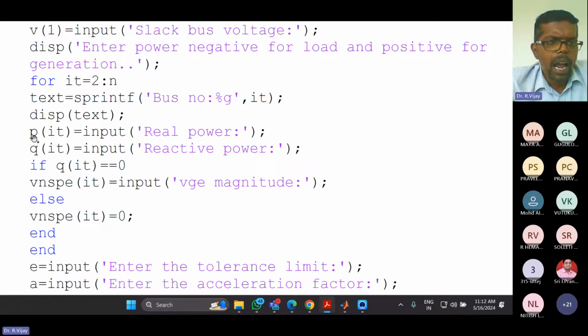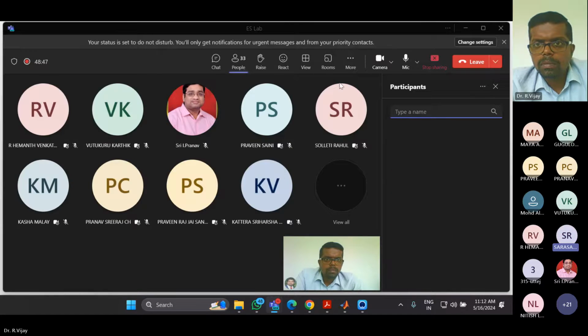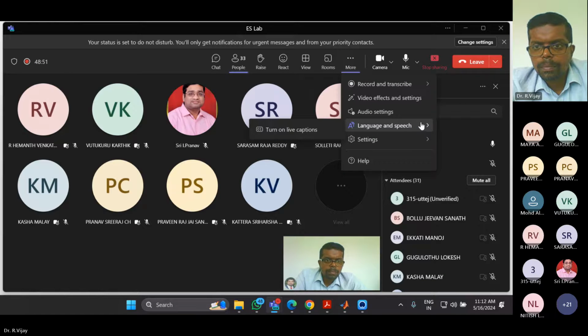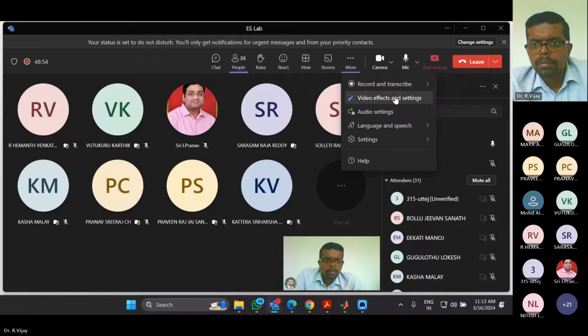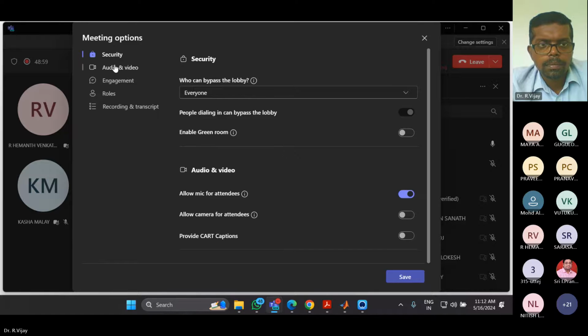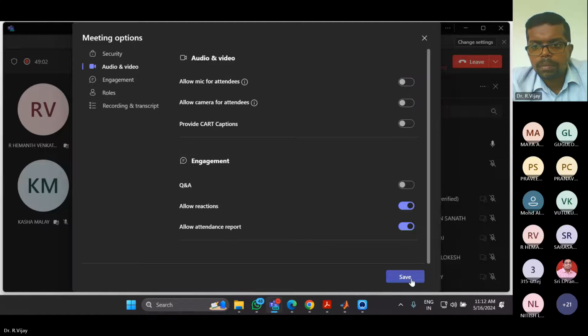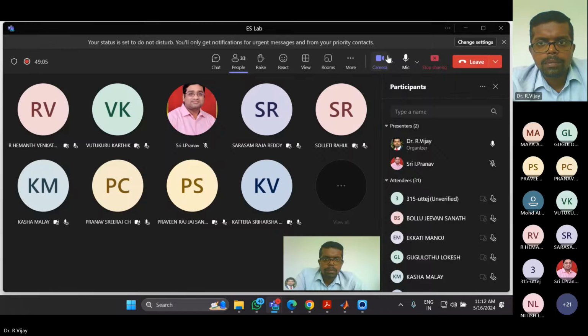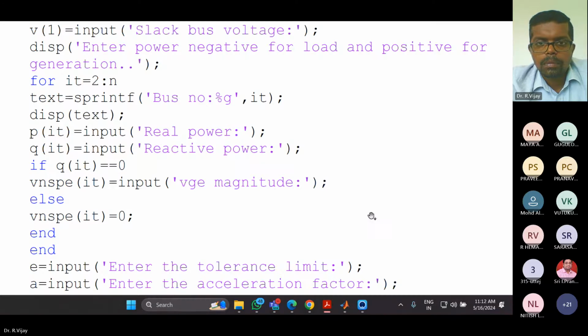Here I am getting the real power value, P of it, and the reactive power value.